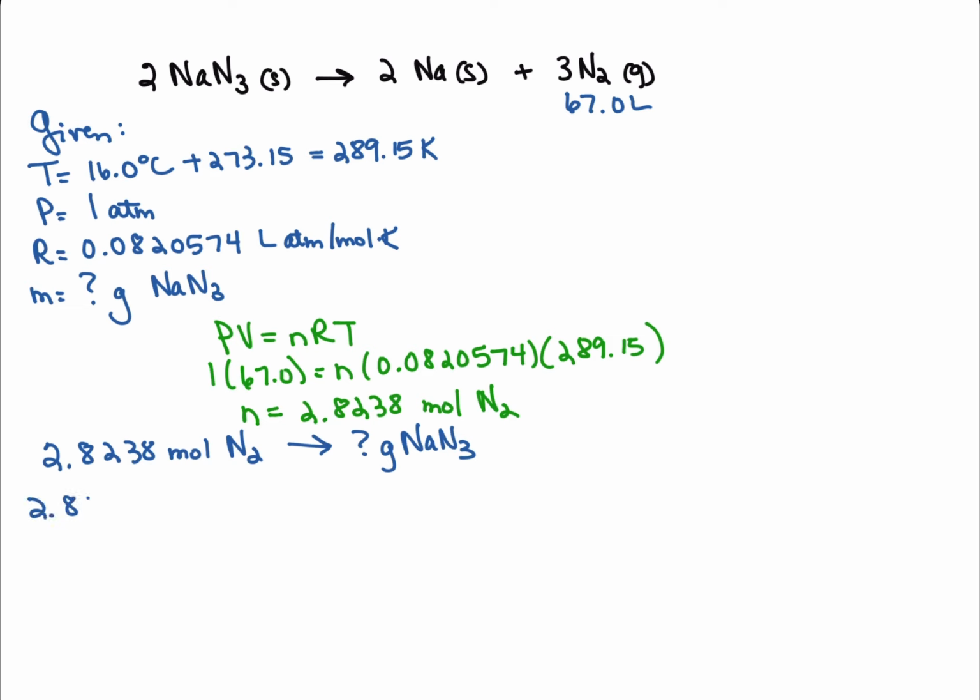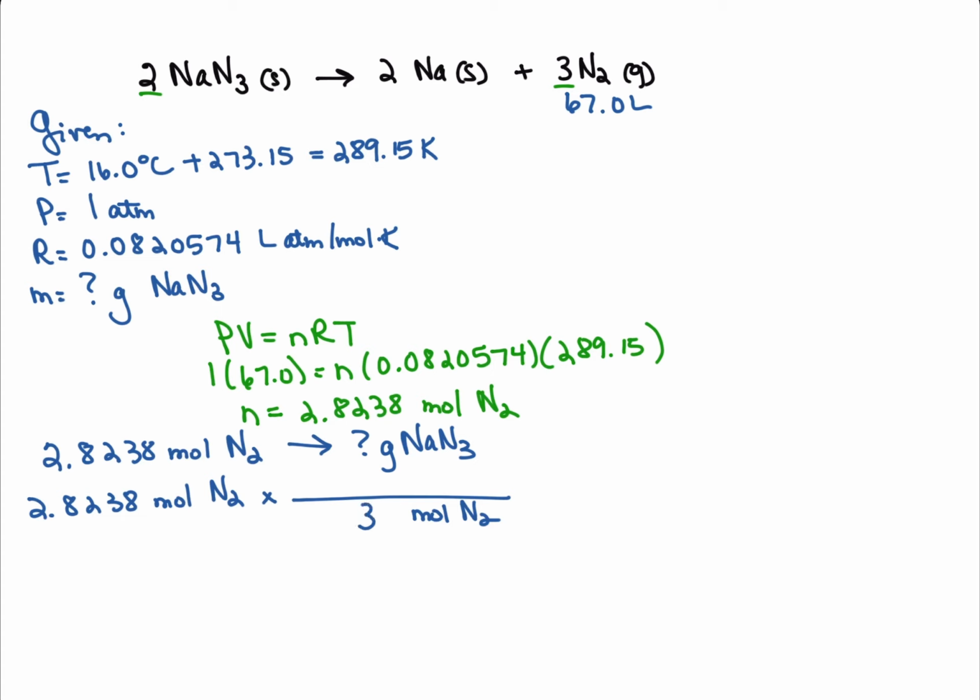Always start with my given. Moles of N2 is on top, so moles of N2 go on the bottom. Take a look at my balanced chemical equation. For every 3 moles of N2, I have 2 moles of NaN3. I'm going to put that in my stoichiometry relationship.